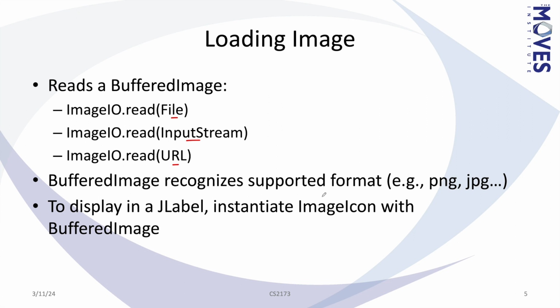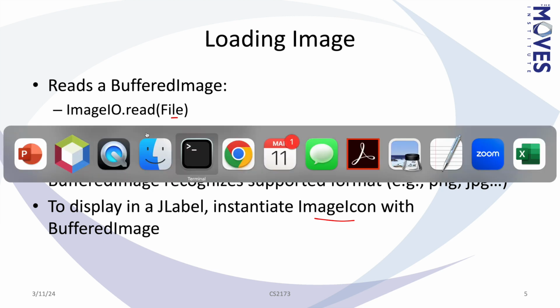The JLabel can take an image; it doesn't have to be text, so we can get our ImageIcon from the BufferedImage.